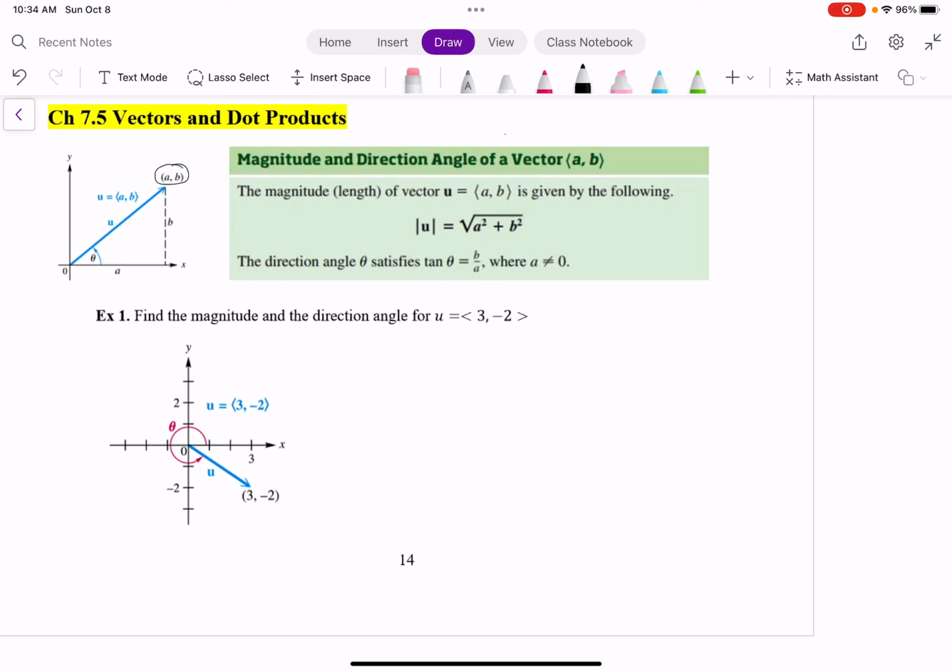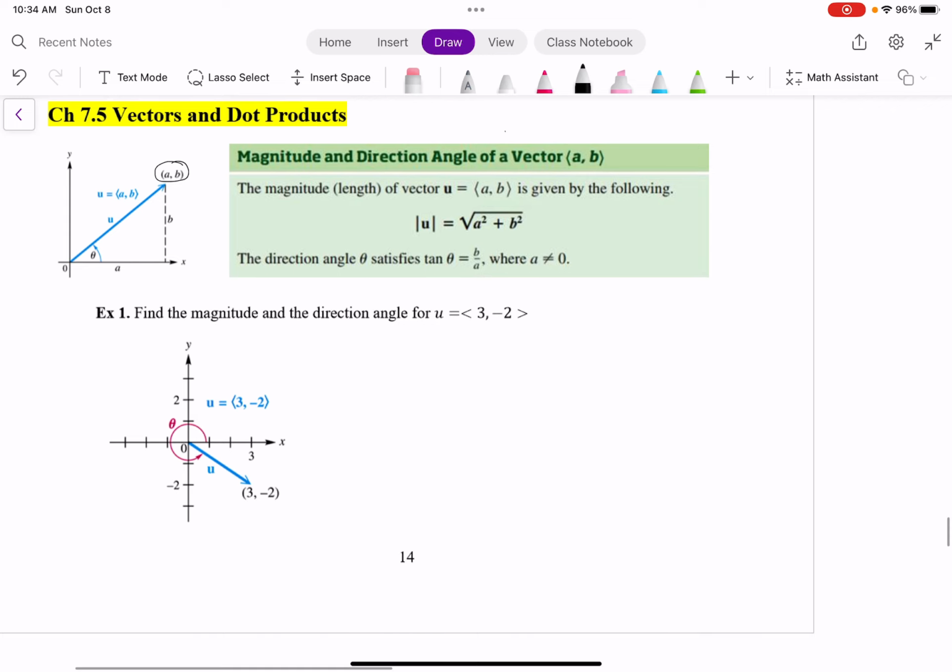Can you find the magnitude of u? Can you find the distance from the origin to the terminal end? Yes, we can. If I draw a vertical line, what is the vertical component of the vector u?